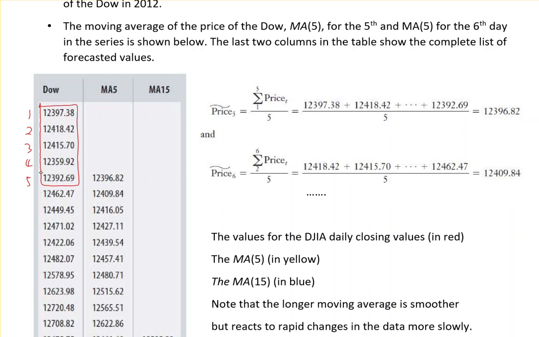You sum all of these together and divide by 5. After that, you get this number, 1239.82. Is this the prediction? No.